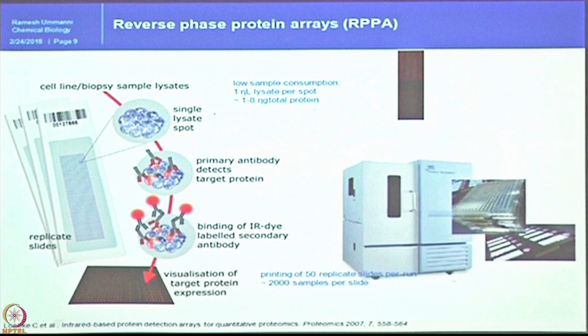can print 50 replicate slides per run with 2000 samples per slide. And also, why I am highlighting this instrument, I am definitely not from the company. The thing is that when you print the first slide, the same quantity should be printed on the last slide. So, duration will be 3 hours.